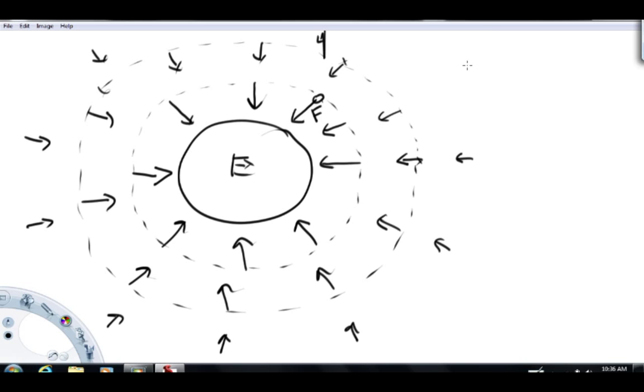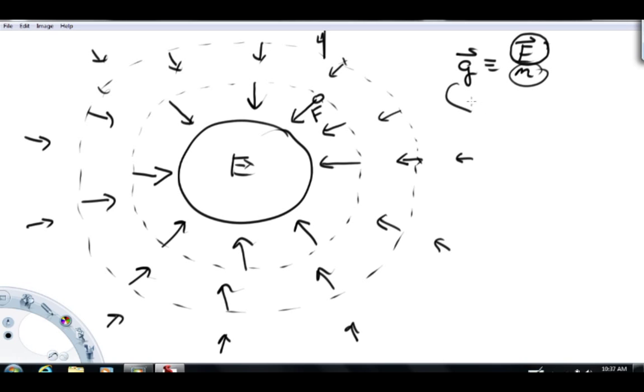In Newton's theory of gravity, the gravitational field vector is defined as force per unit mass. So what this means is if you take an object and somehow measure the gravitational force acting on it, divide by the mass of that object, that would give you the gravitational field vector at that point. Right?